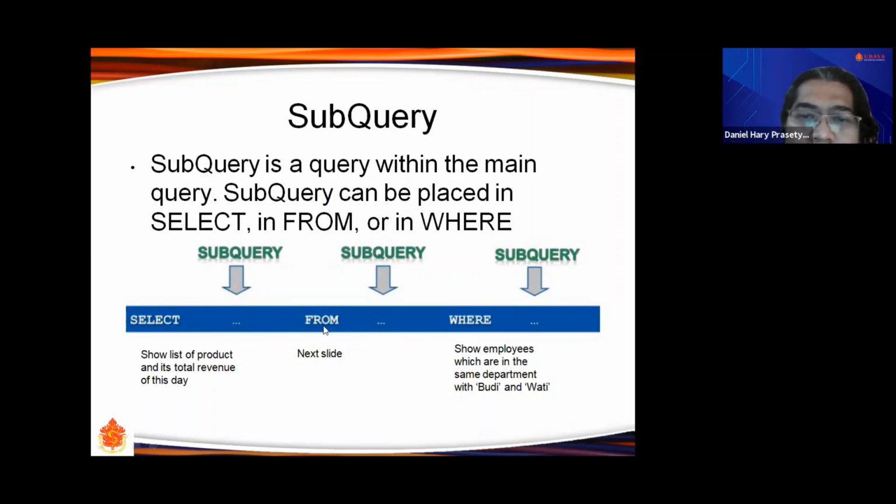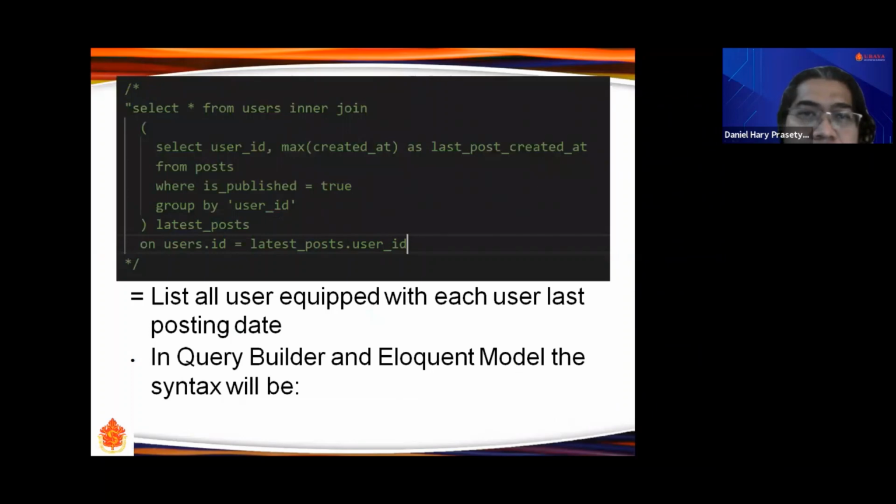And in the from clause, we can see in the next slide, this is the example of a query in from. This one, the user will be joined with the subquery.